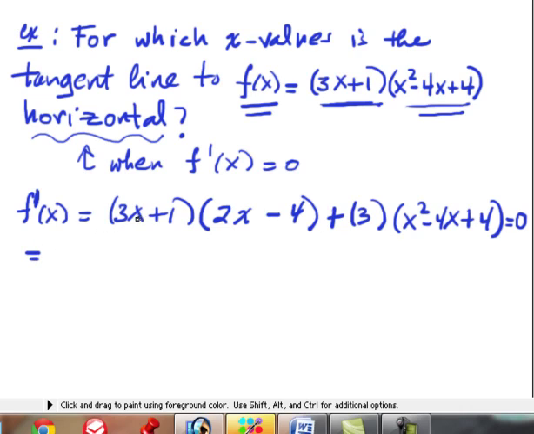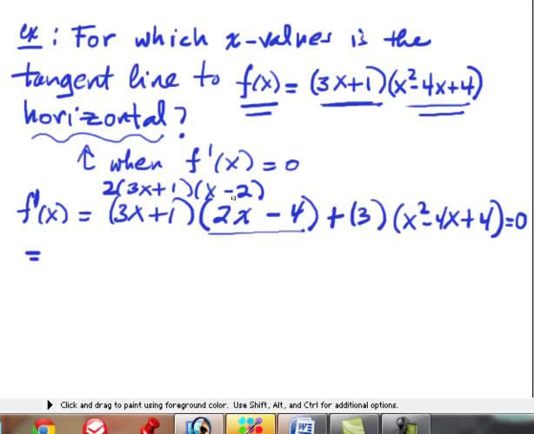All right, so let's multiply this out. We're going to multiply out 3x plus 1 times 2x minus 4. We can factor out this 2. So if we do that, we have 3x plus 1 times x minus 2, and the 2 in front. See, the 2 factors out of this.